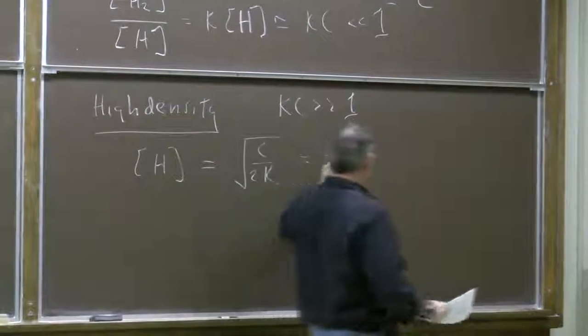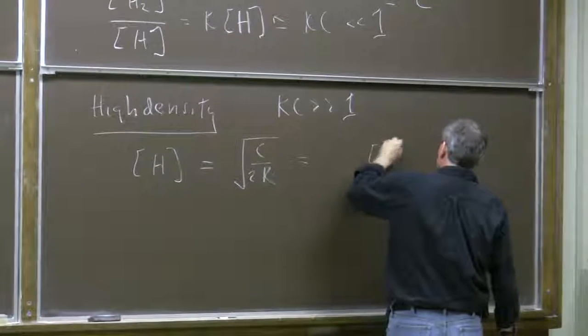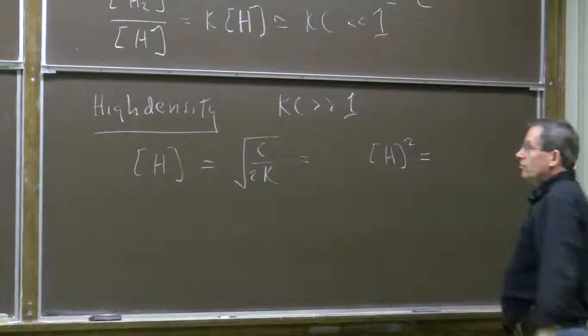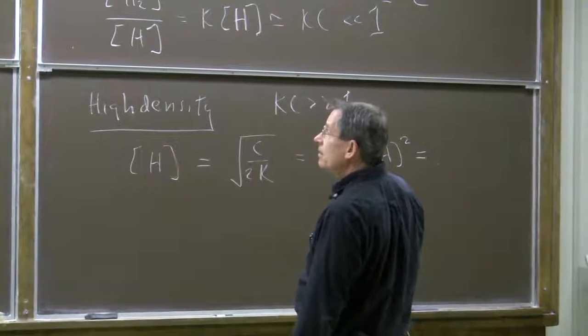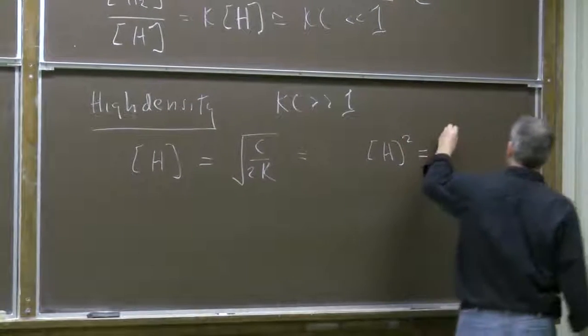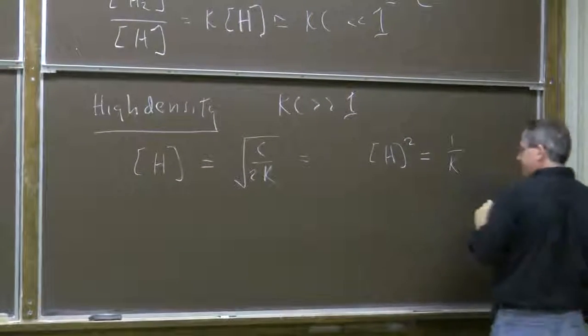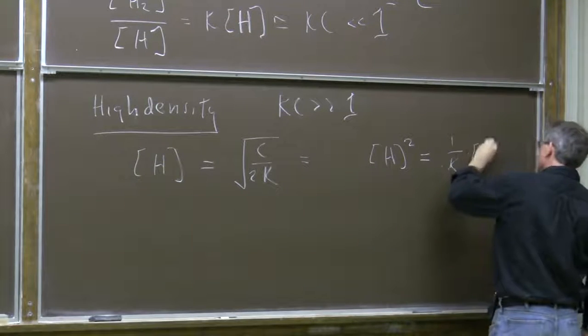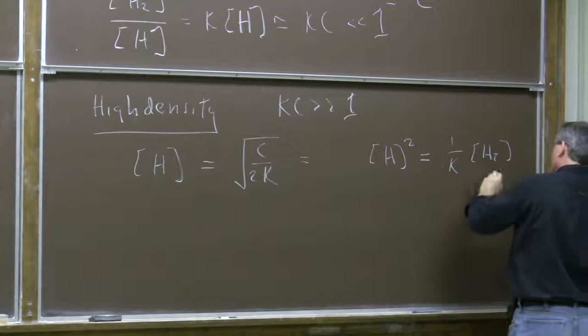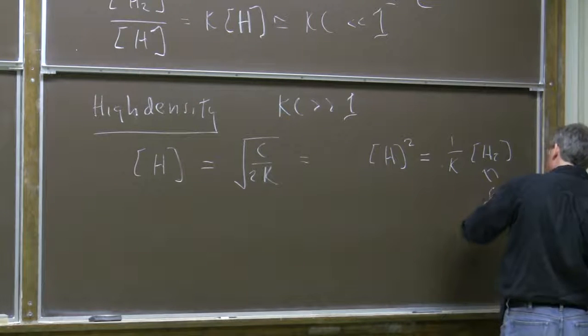And so h squared, which is equal to 1 over k times the abundance of hydrogen, well, this will be approximately C over 2.